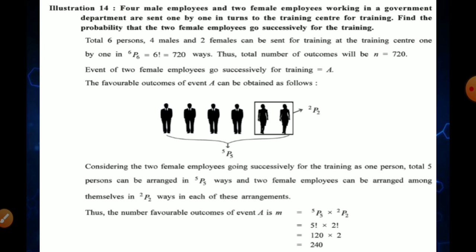Here there are 4 male employees and 2 female employees working in a government department who are sent one by one in turn to a training center for training. These people will go one by one for the training. Find the probability that the 2 female employees go successively for the training.